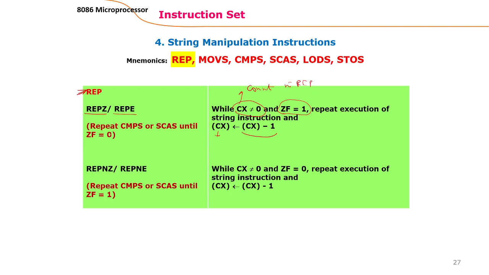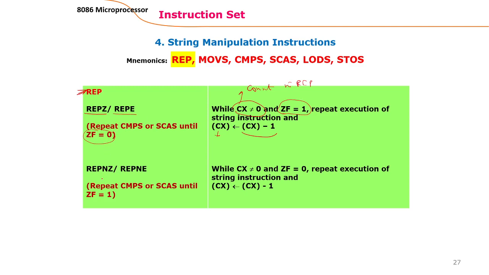So it will be repeating while the zero flag is set. If CX is not equal to 0, the zero flag will be 1, and in these conditions it keeps repeating. If CX equals 0, it will stop.